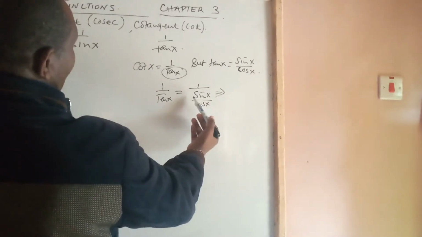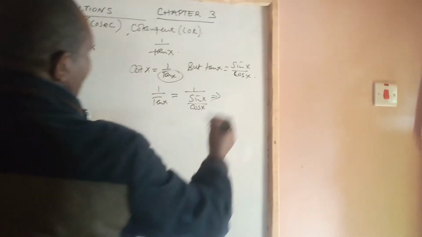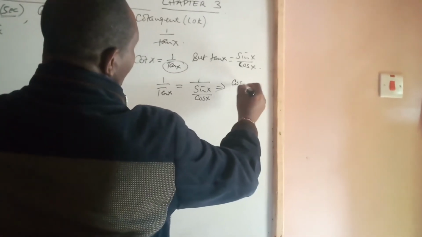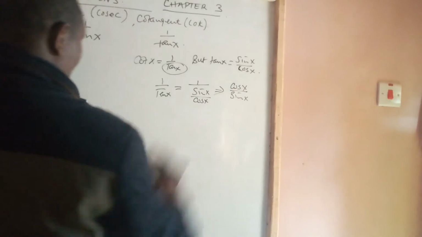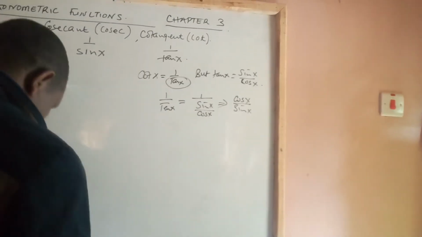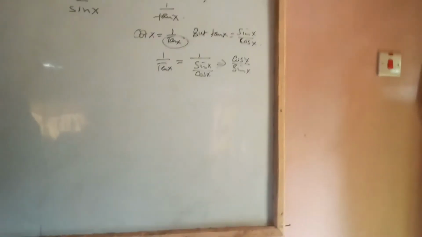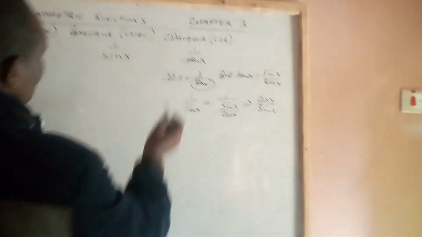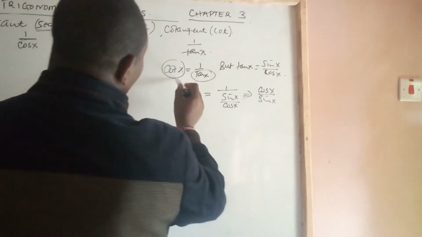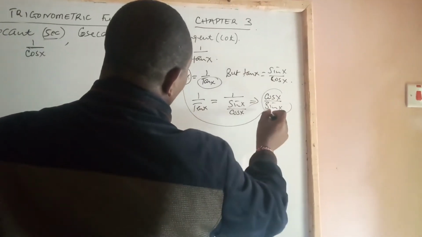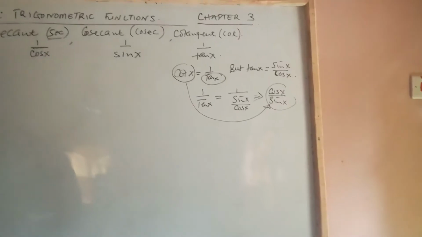That means 1 over sine x over cosine x is simply cosine x over sine x. If you want, you can say over 1, which is not important. So it is important to realize that the cot of x, which is 1 over tan x, can also be written as cosine x over sine x.